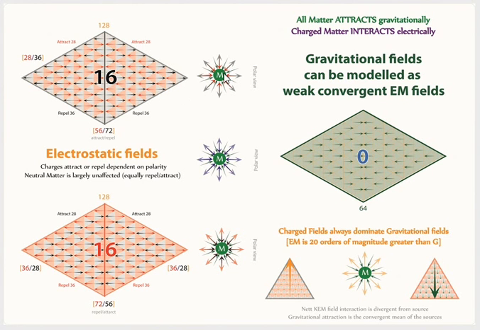Likewise, this is a charged body of matter with a negative divergent charge field and a convergent EM field, along with a convergent gravity field, because all matter has gravity. All matter, in this case charged matter, has a charged field. Generically we can draw it as that.